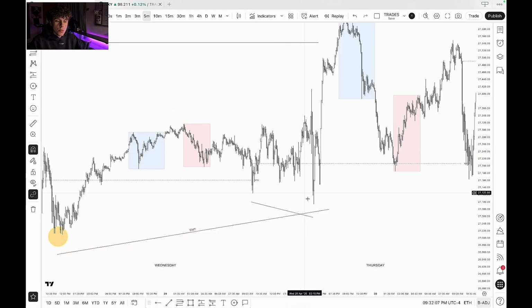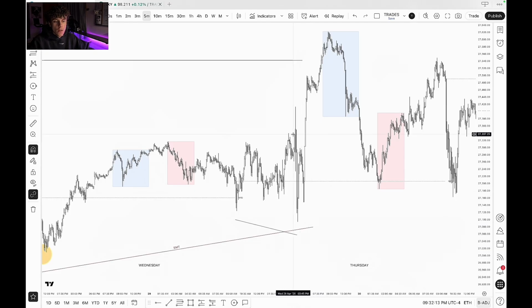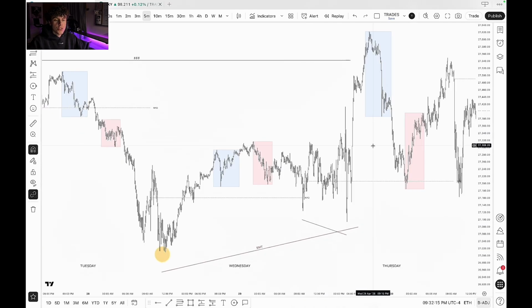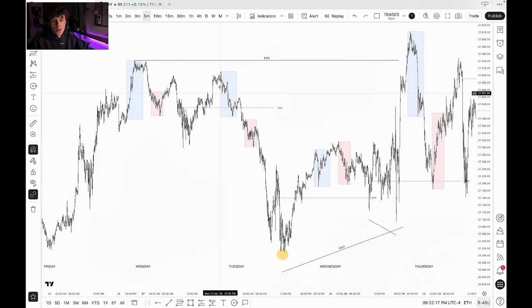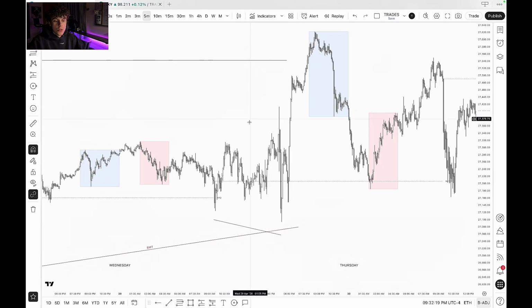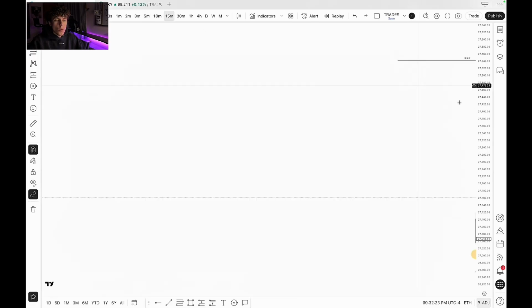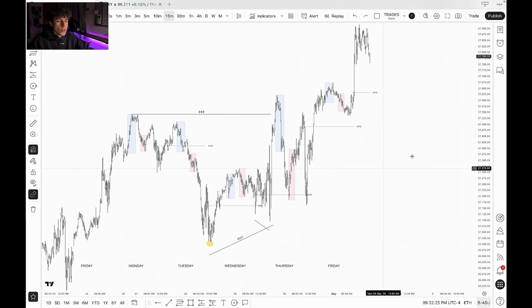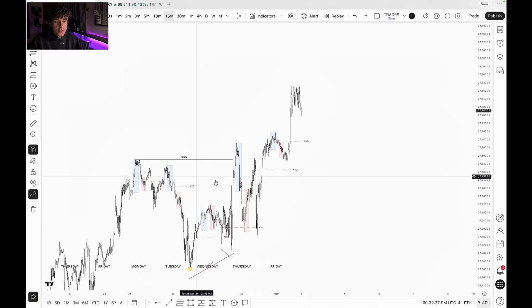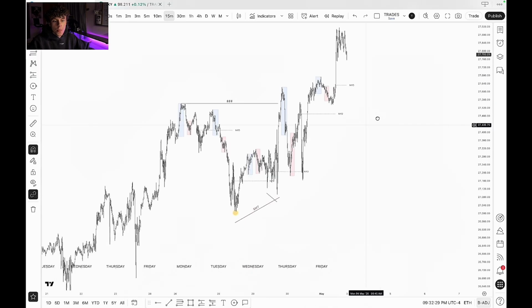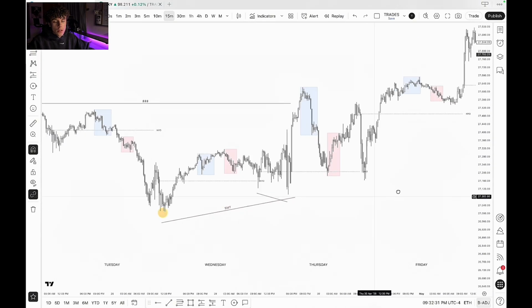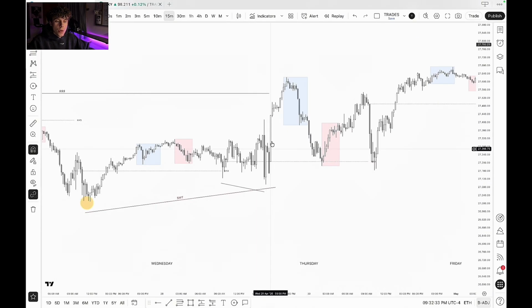Because we have manipulated it twice. We have what's called a two-stage SMT here, and very, very strong change in state of delivery with a clear buy side target. So this here is your internal power of 3 model that is going to verify your external power of 3 model.